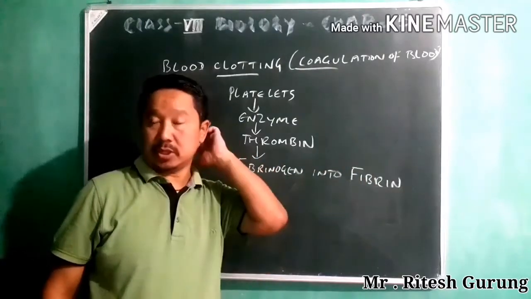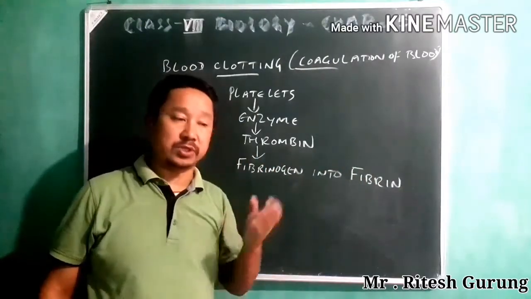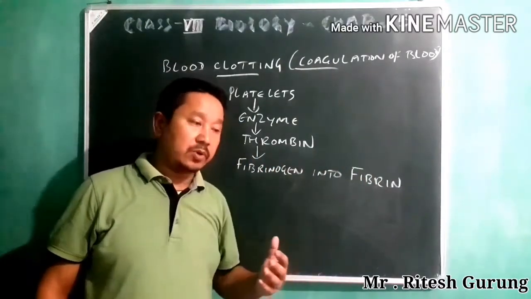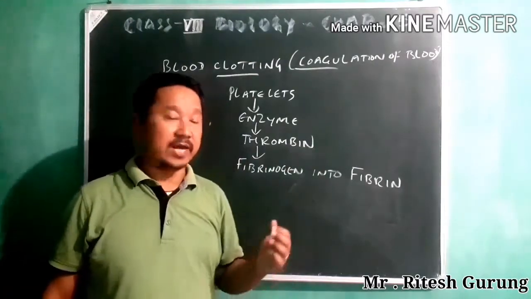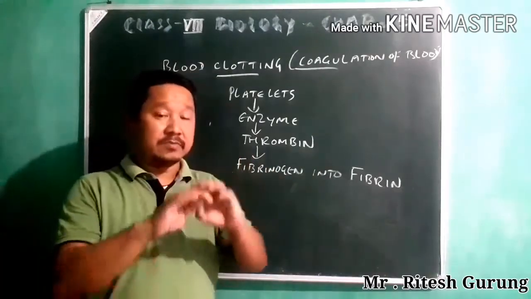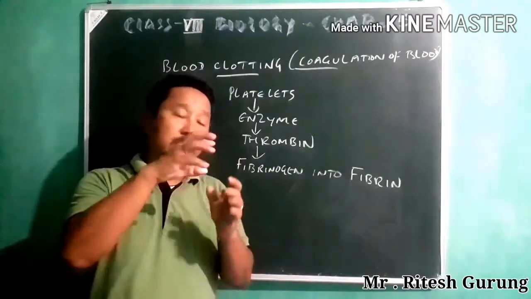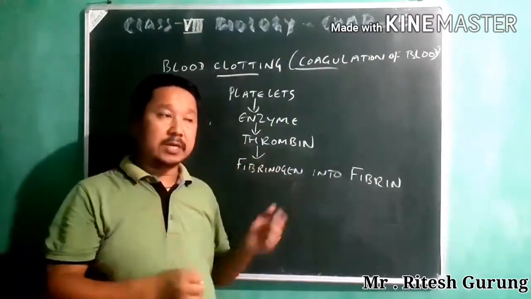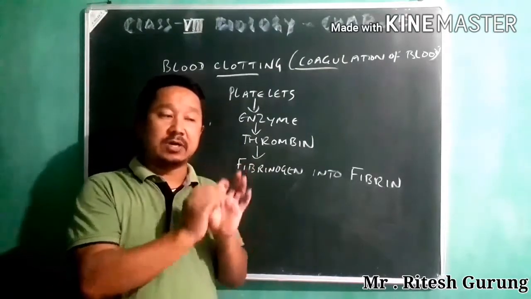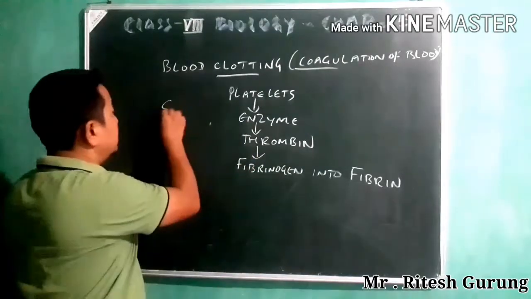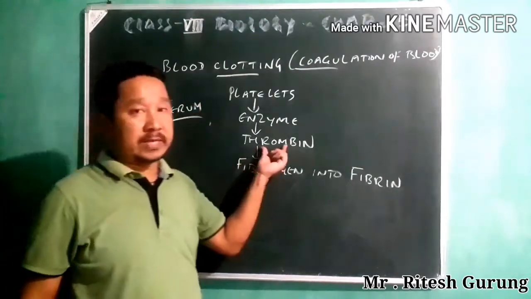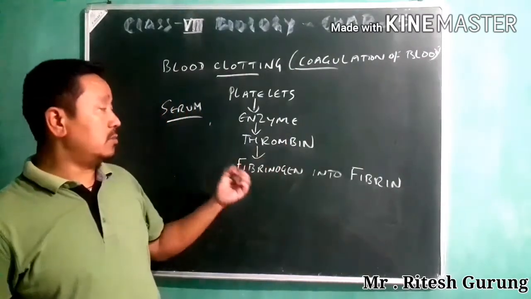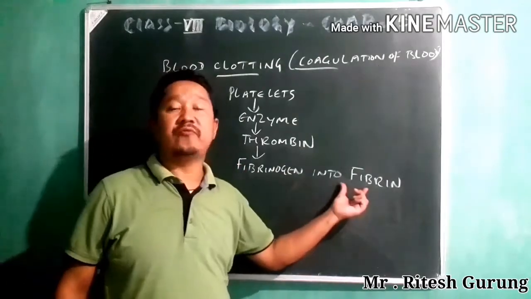What is fibrinogen? Fibrinogen is also a kind of protein which we discussed last time when we were going through the composition of blood plasma. From plasma, when the fibrinogen is removed, that condition of plasma is called serum, which we had discussed in the last session. So this thrombin now converts fibrinogen into fibrin.